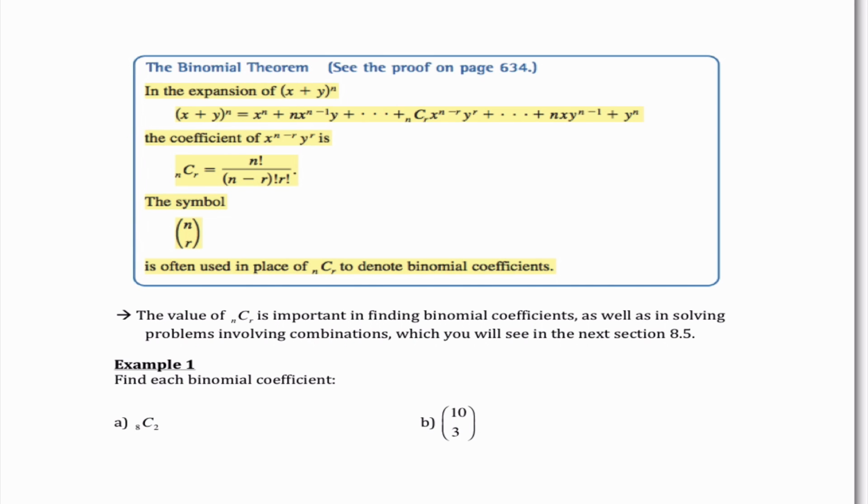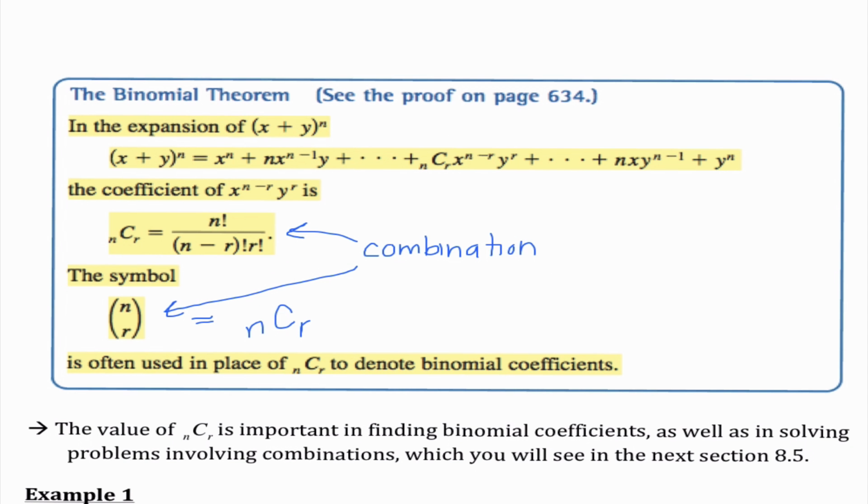We are also going to learn how to do this in our calculator. Often we will see this symbol that kind of looks like a column from a matrix in a parenthesis. This is often used in the place of nCr to denote binomial coefficients as well. So we will see both of those. Okay, so just to review, this n is our total number.